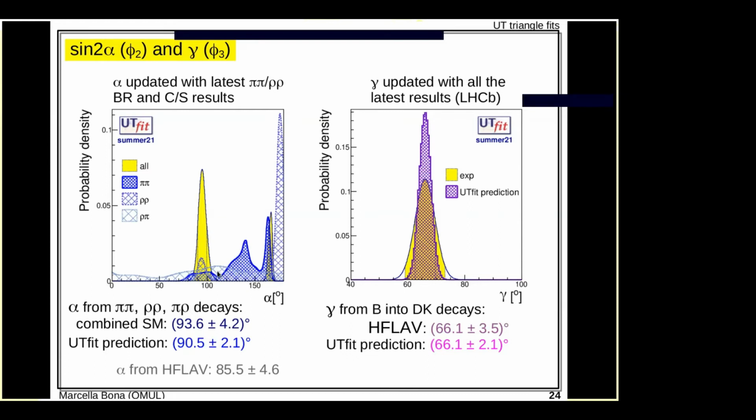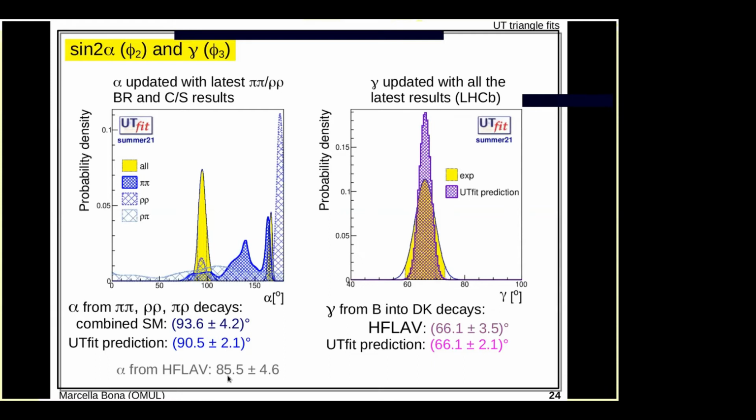The key point that we like is that the pi pi excludes the zero, as I mentioned, which is a reason for discussion with other groups. But we keep this analysis going because it's relatively straightforward.